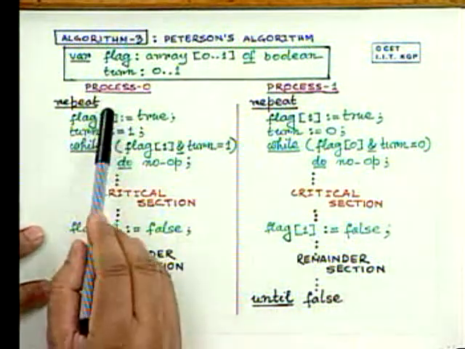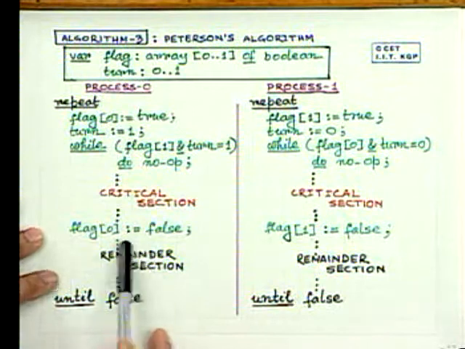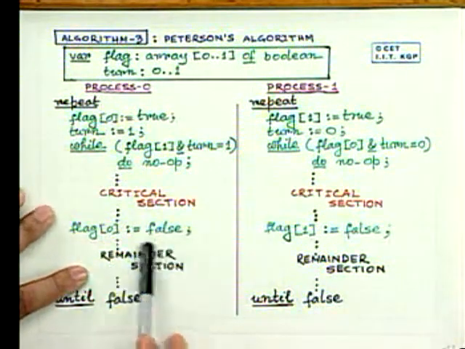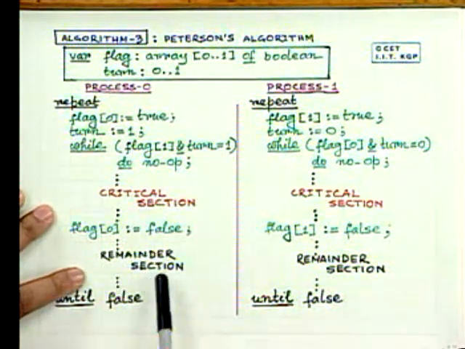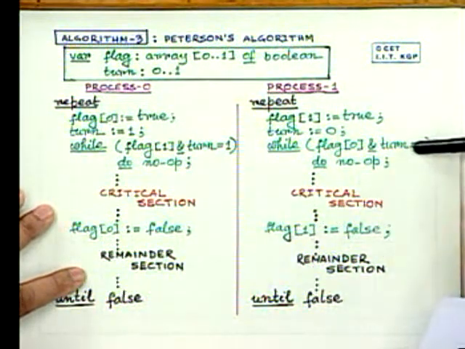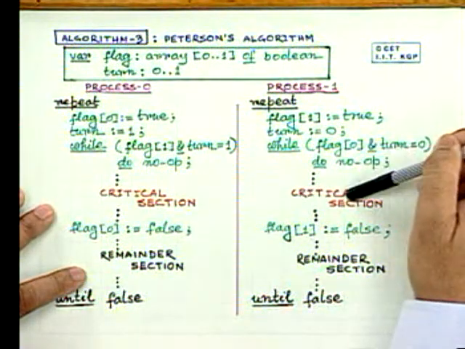Suppose that process 0 has come out of the critical section, flag 0 has been made false, and it is in the remainder section, taking a long time in the remainder section itself. Now, since flag 0 equal to false, if process 1 was waiting here, it will immediately enter its critical section.